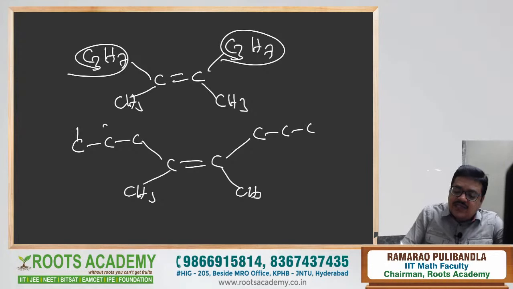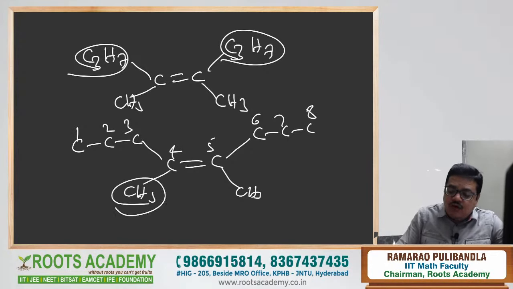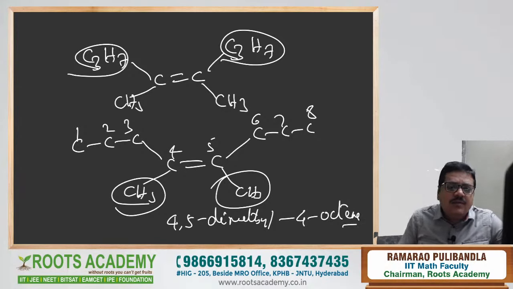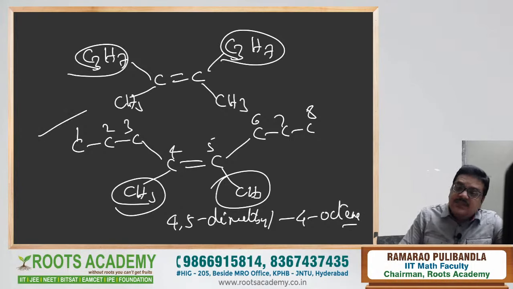Now numbering is given like this. 4, 5 dimethyl 4-octene. Done. This is the longest chain rule.